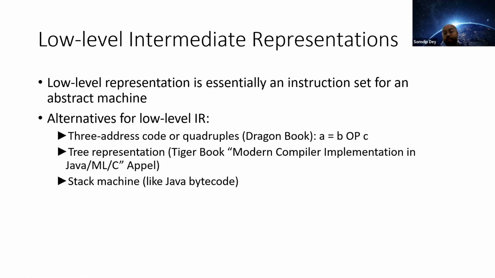Now, from the high-level intermediate representation or high-level machine code, a low-level intermediate representation is generated. Low-level representation is essentially an instruction set for an abstract machine. Alternatively, for low-level IR, you can also have three-address code, or you can have a tree representation, and you can also have a stack machine.